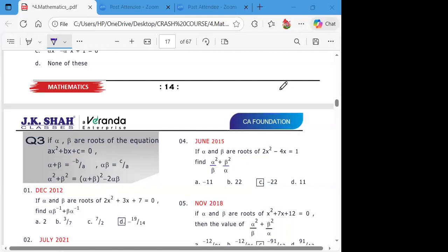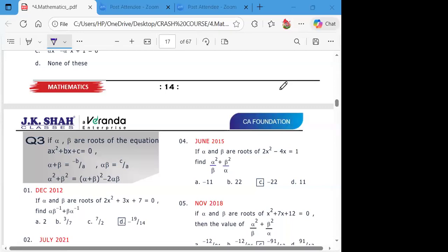Next, if two roots are available, then the equation is given by the formula: x square minus sum of roots into x plus product of roots is equals to 0.